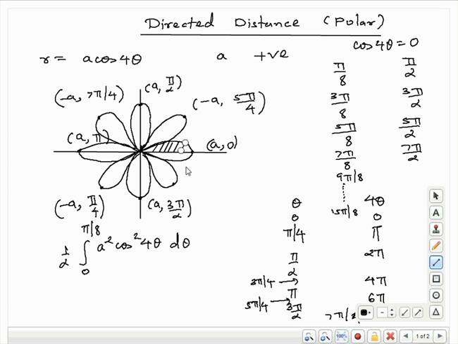Look at this. This would be 0 to pi by 8. At pi by 8, r was 0, right? So when we started from theta equal to 0, we got r equal to a maximum. Then as we increased theta, and when we reached pi by 8, we got 0. So half of it would be 0 to pi by 8. So you can simply double it and you will have your answer.